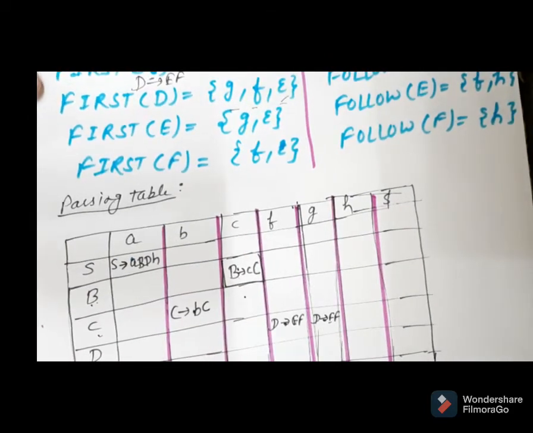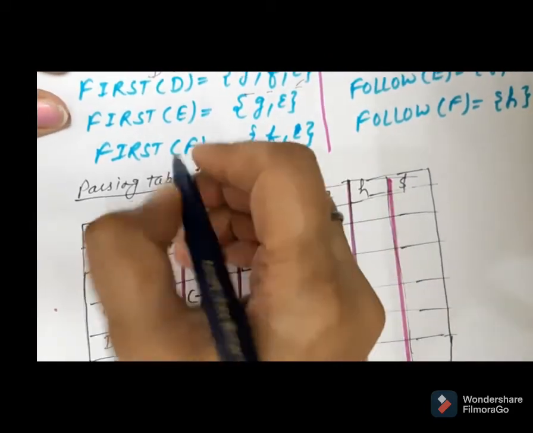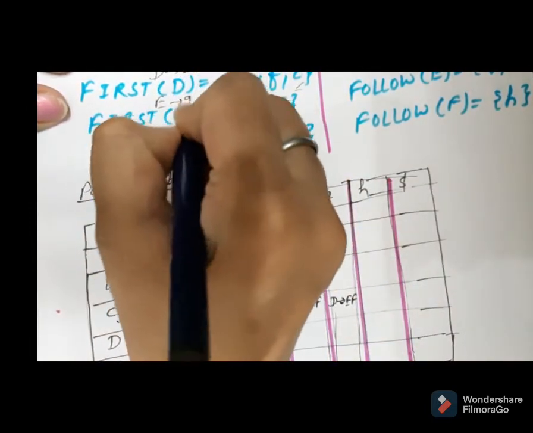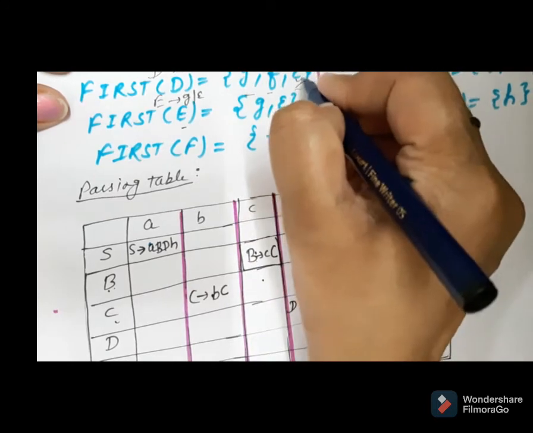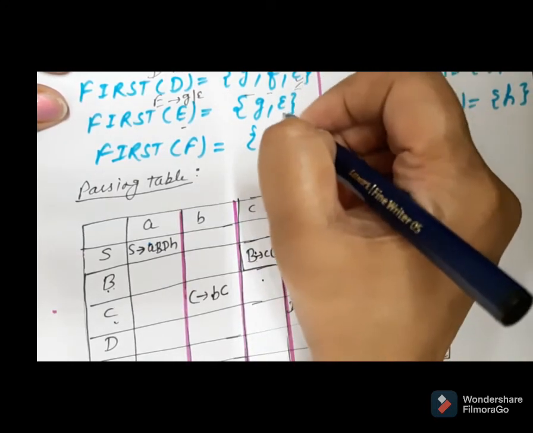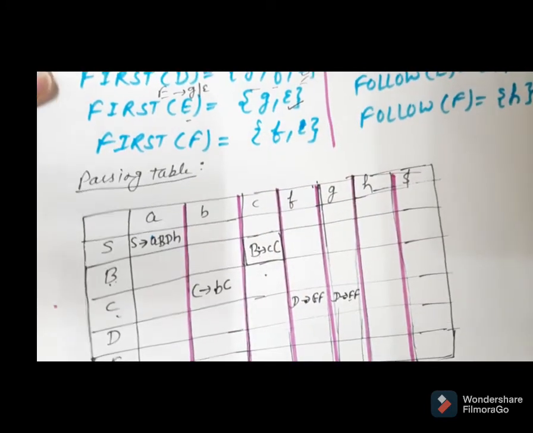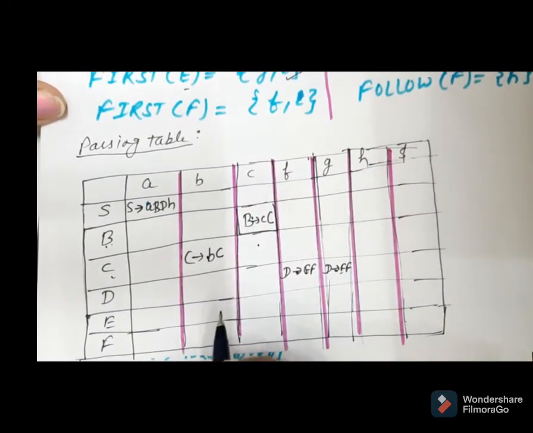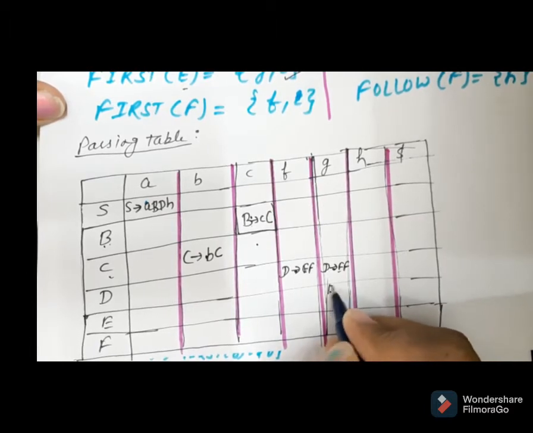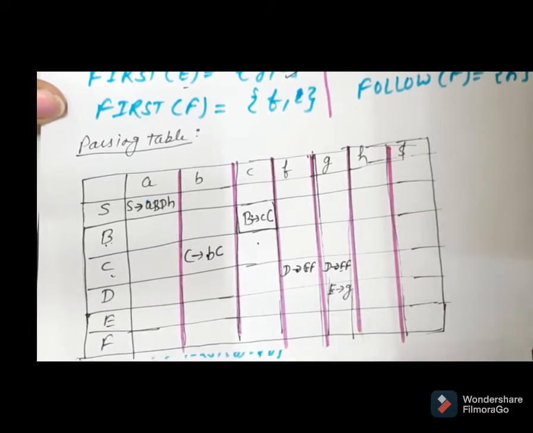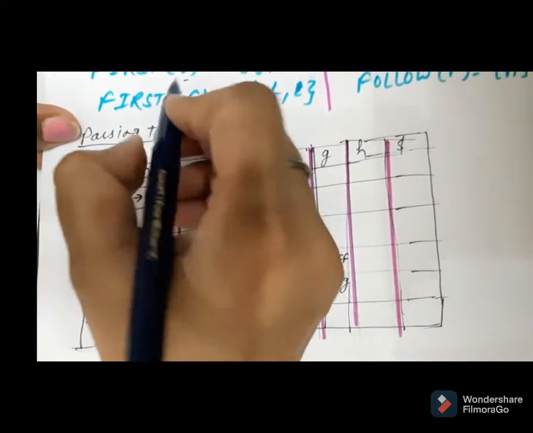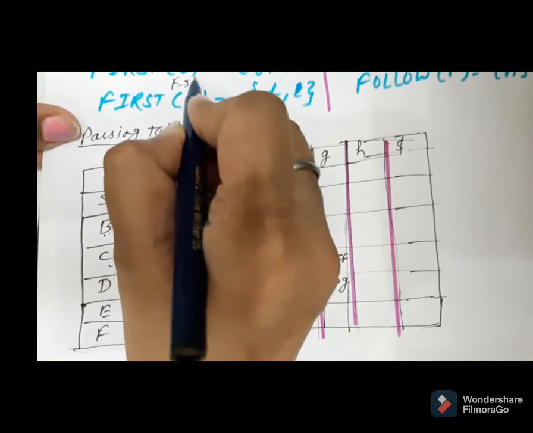And now I have to use for E. E tends to G, epsilon. Epsilon is here, so I will use it during the follow calculation. So E tends to G, this one. So with the help of this production, E tends to G. And now first of F, with the help of which production?